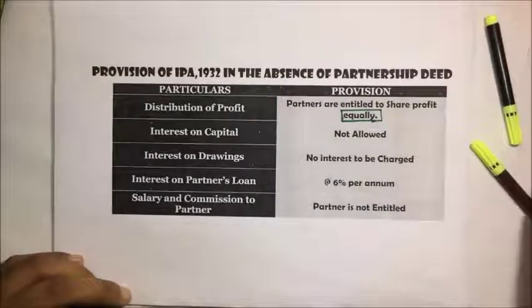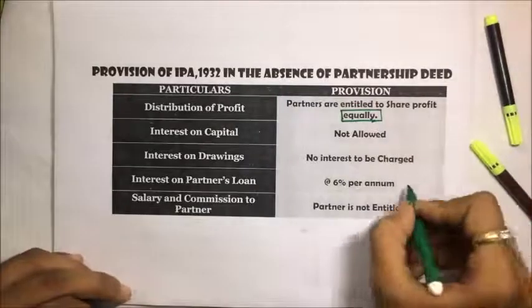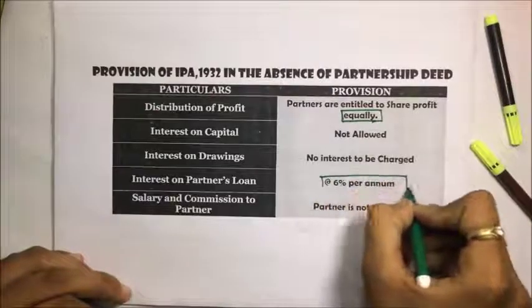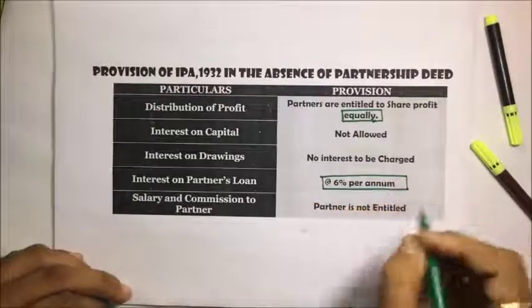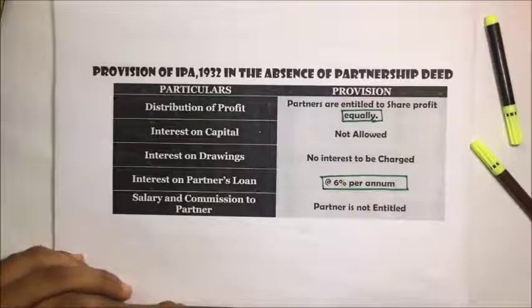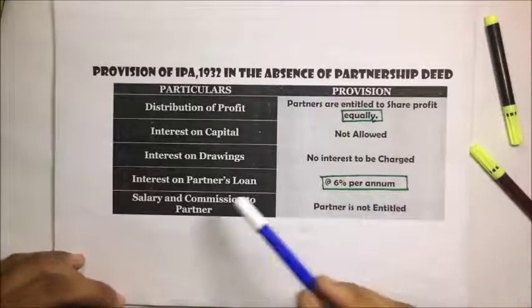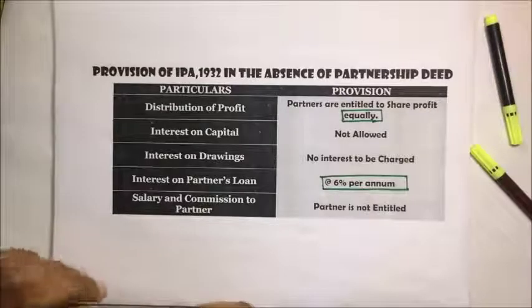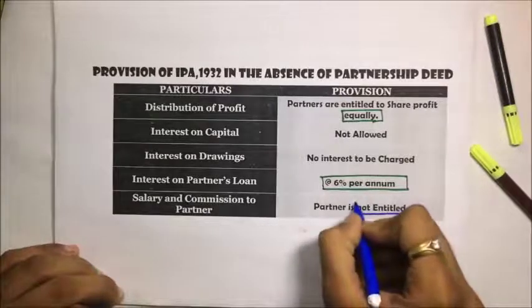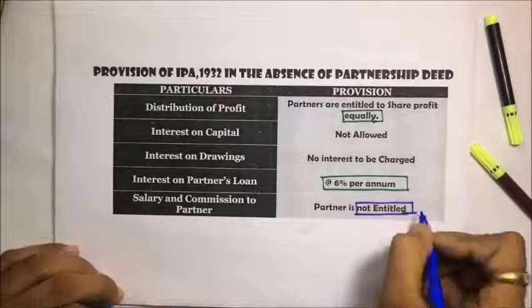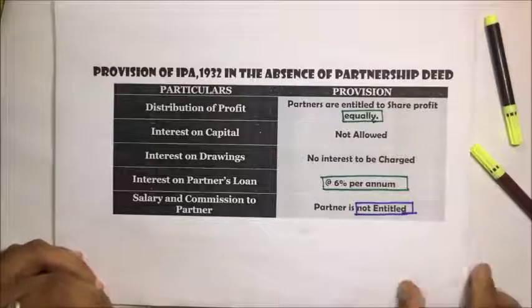Since a loan is an external liability, in case there is no rate or amount mentioned in the partnership deed, the partner will get 6% per annum interest on the loan given by the partner to the firm. If there is no information about any salary or commission, the partner is not entitled to salary and commission.